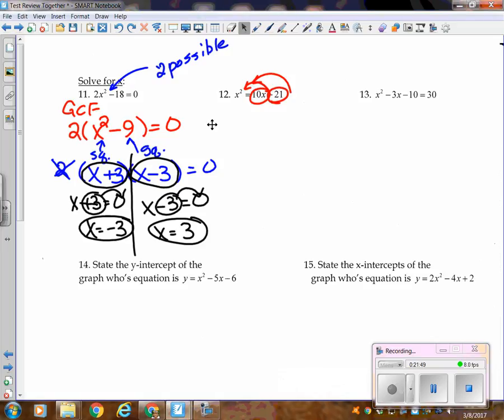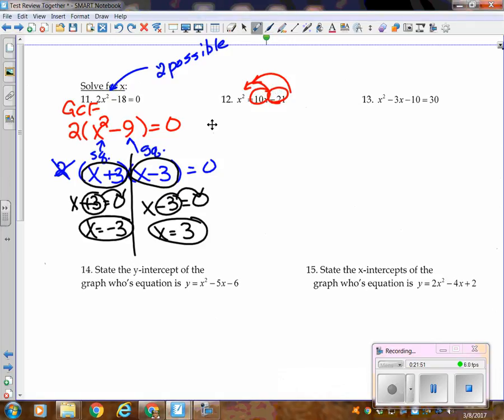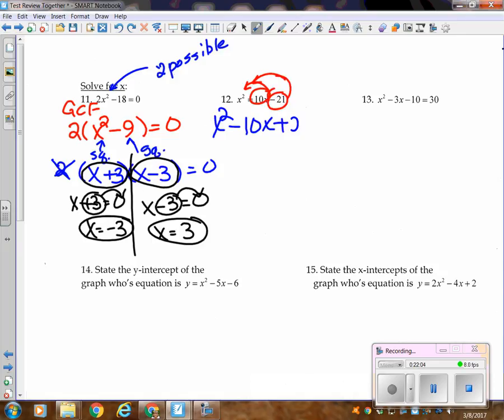So x squared was already on the left-hand side. Move 10x, it becomes negative 10x. But if I bring minus 21 over here, it's going to end up being plus 21 when it comes to the left. And now there's going to be nothing over here but 0. Okay? So when you move across the equal sign, you've got to change the signs.